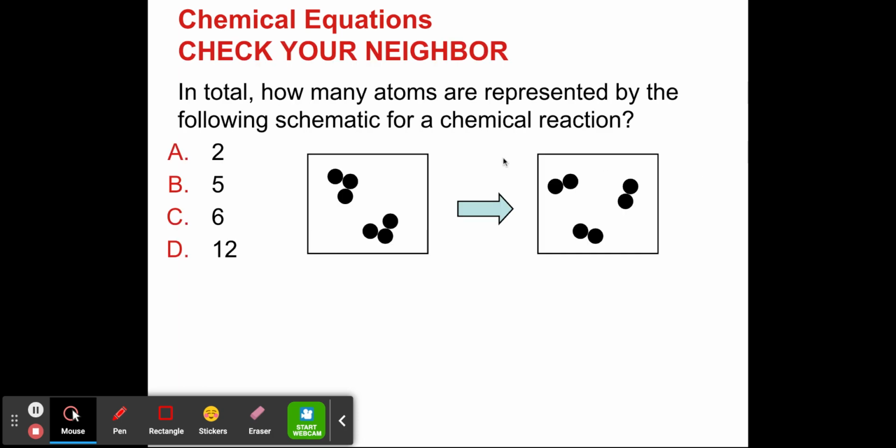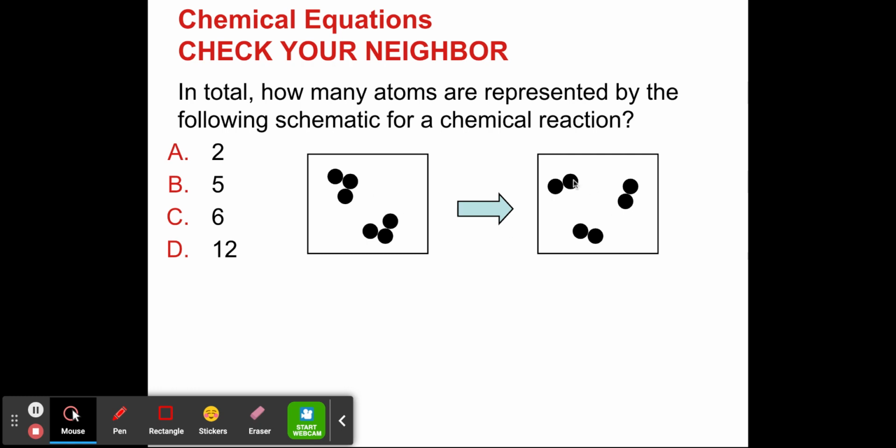So let's check this out, right? In total, how many atoms are represented by the following schematic for a chemical reaction? Okay, so if you look at this one here, the total number of atoms here is 6, right? But you have 3 atoms here attached to one another.